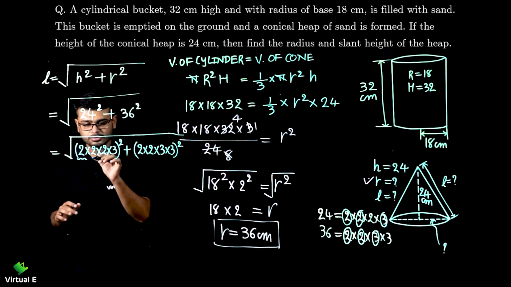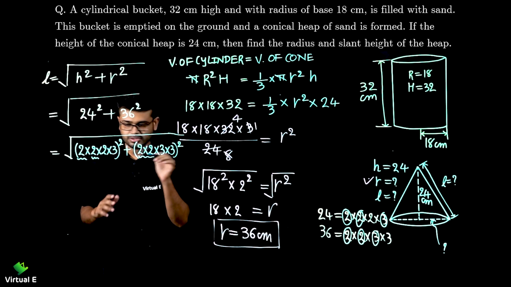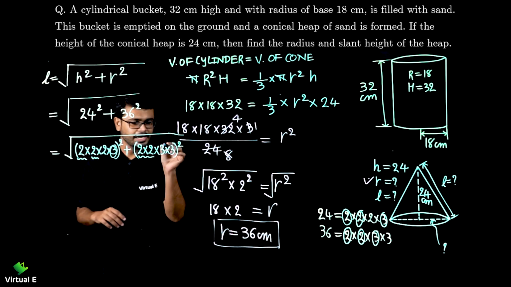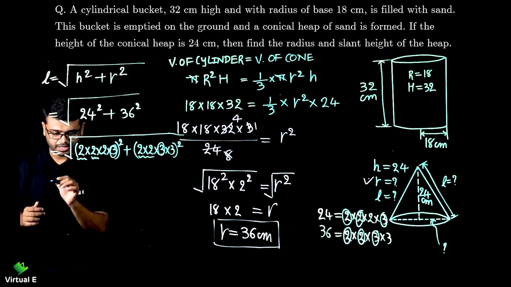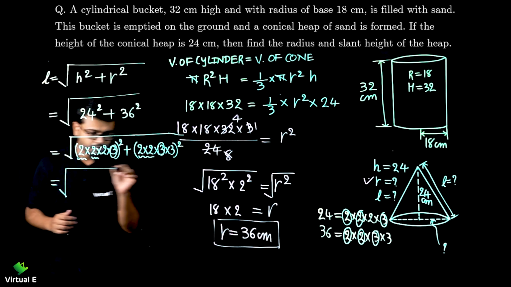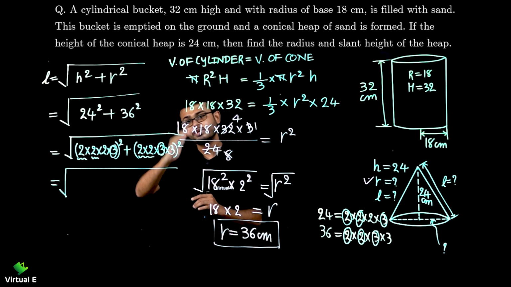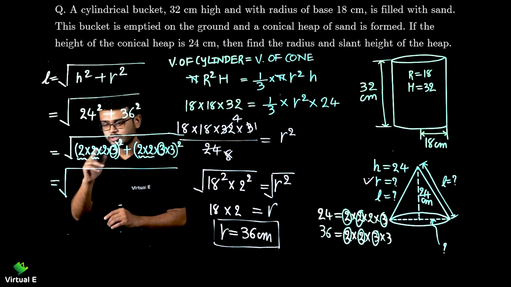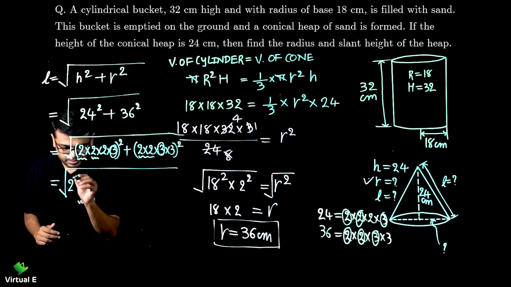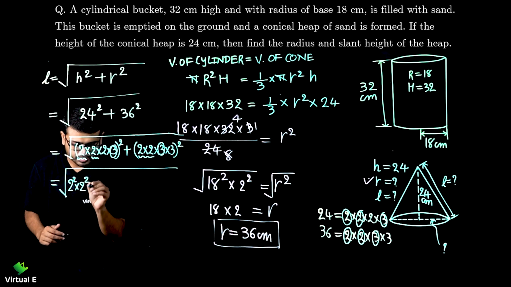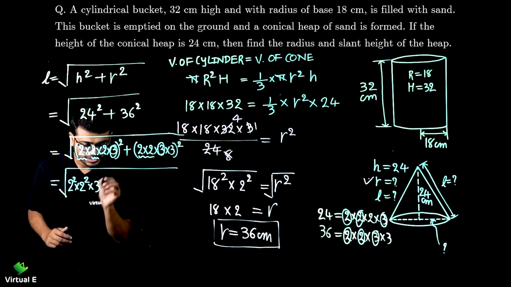See, this 2 and this 2, both of them, 1 time 3 and 1 time 3. So let's take this common out. And remember, when we take common, this is square, so we need to take that square also common. So 2 square into 2 square into 3 square.